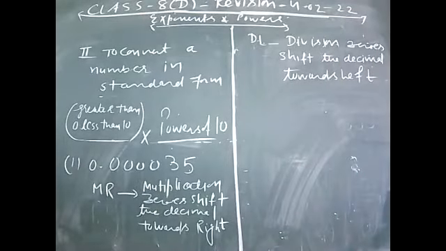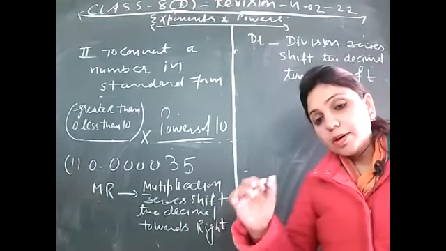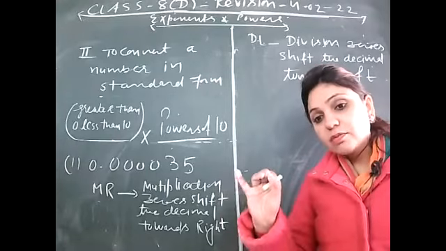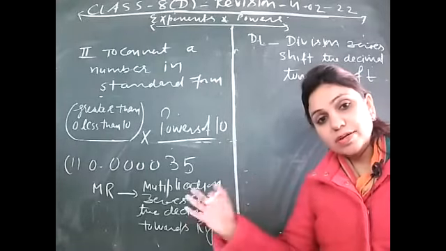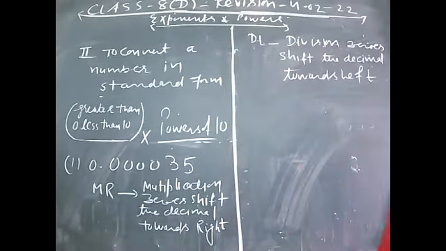This rule we learned in the earlier classes also, in 7th class, in which we learn how to put the decimal point to convert a number into decimal form, and such explanations can help us reach the motive easily.